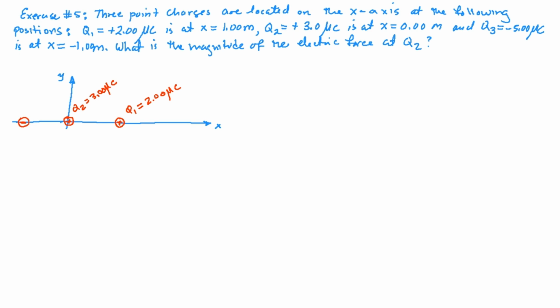So why to the left? Because they say negative 1 meter. Negative 1 meter is to the left of the origin. When they say that this one is at positive 1 meter, this is to the right of the origin. This one is left of the origin because it's negative, and it is a charge of minus 5 microcoulombs.